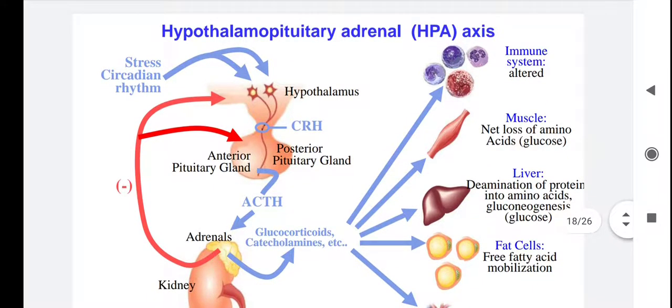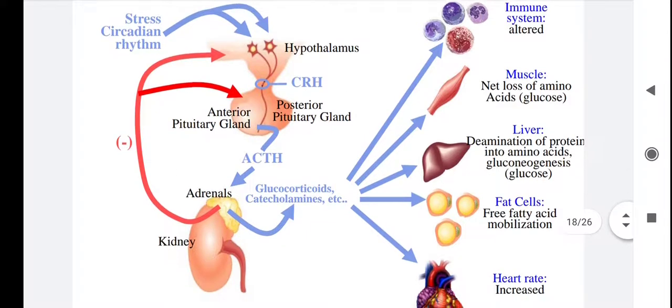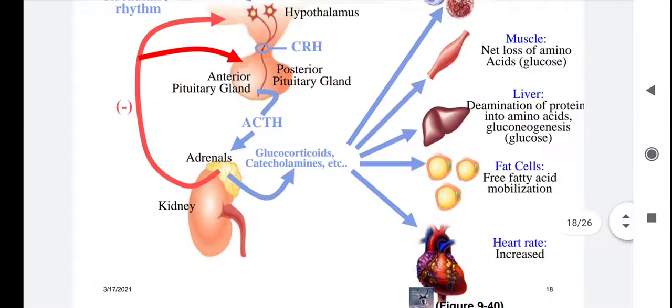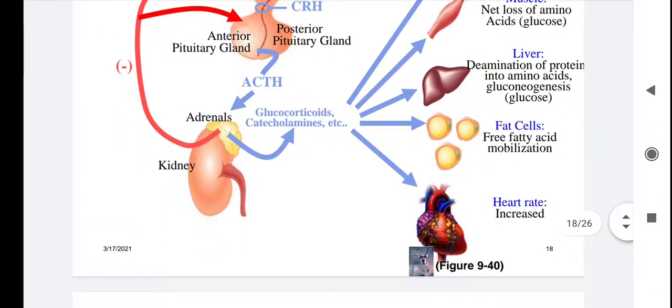The glucocorticoids and catecholamines alter the immune system, cause net loss of amino acids and glucose, deamination of protein into amino acids, and hence stimulate gluconeogenesis to produce glucose, free fatty acid mobilization, and increased heart rate.